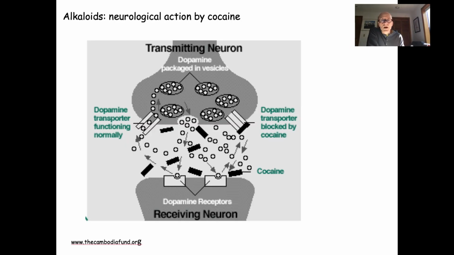Okay, so I want to talk about two specific alkaloids and their effect on humans. It's just such an interesting topic that even though this is a plant physiology class, let's take a little detour here. Look at the neuron that is transmitting information from a receptor to an organ that responds to the neurological input, and consider the effect that cocaine has on this.